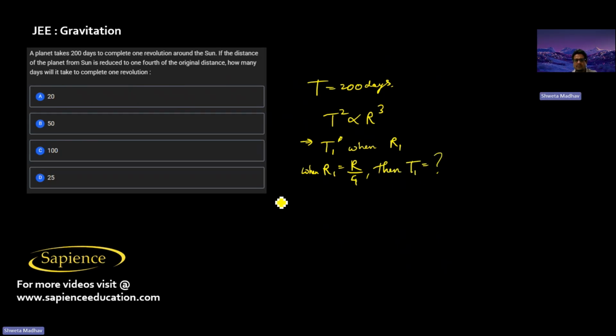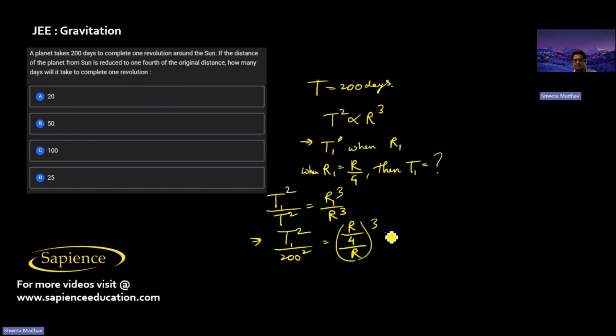I can say that T1 square by T square is equal to r1 cube by r cube. Therefore, T1 square by 200 square is equal to r by 4 by r whole cube. So T1 square will be equal to 200 square into 1 by 4 whole cube.